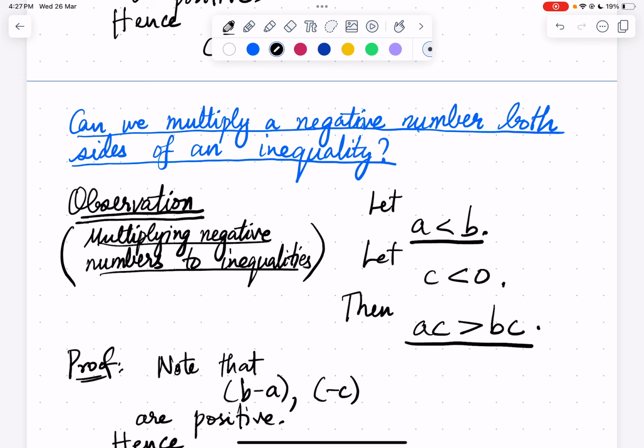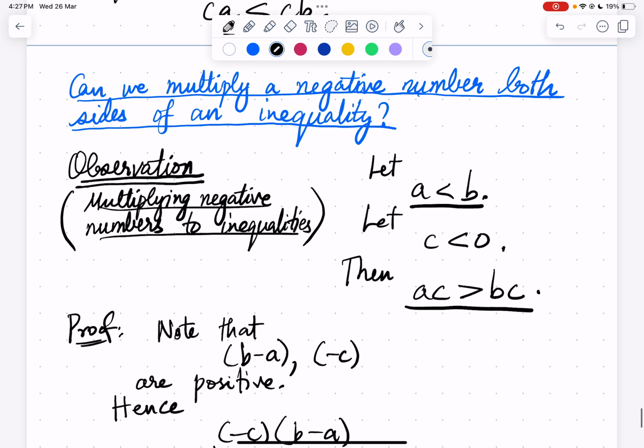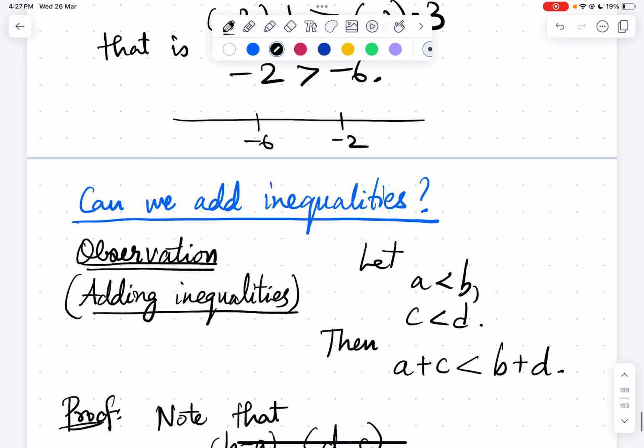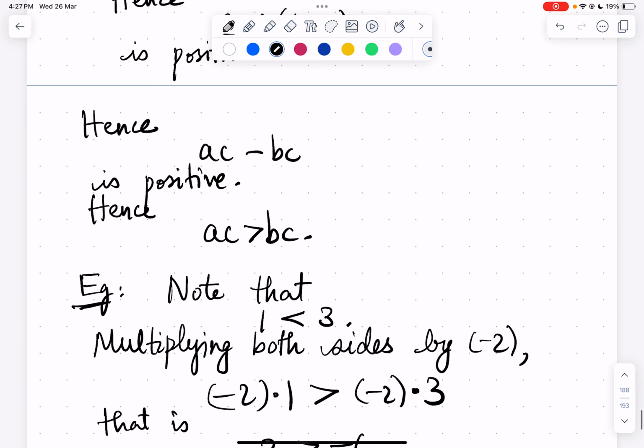So we can multiply both sides of an inequality by a negative number, but the inequality will flip direction. From A less than B we will get AC greater than BC when C is negative. So we can add numbers to both sides of an inequality, and we can multiply numbers on both sides of an inequality.